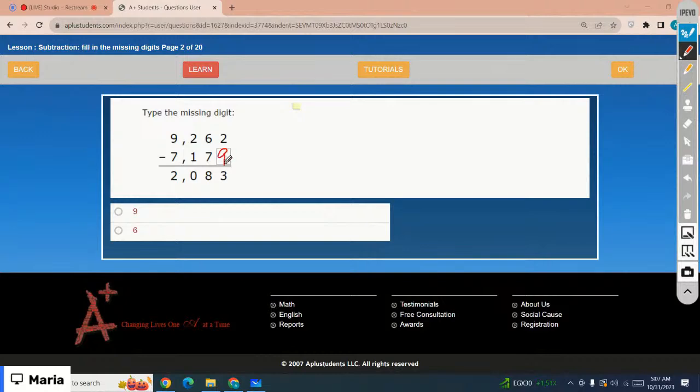That must be 9 because you borrow 1 from here. So 12 minus 9 is 3. And you have 5 here. You cannot subtract. You have to borrow 1. 15 minus 7 is 8. 1 minus 1 is 0. And 9 minus 7 is 2. So the missing number is 9. Got it? The missing number is 9.